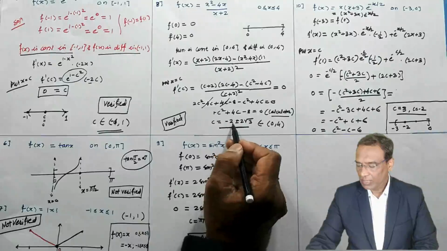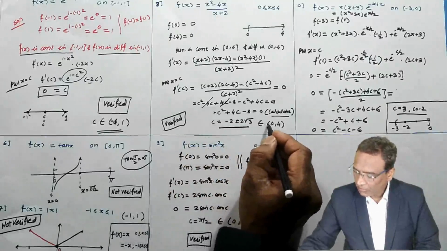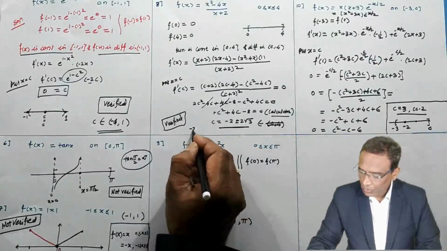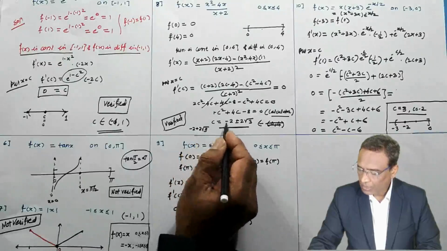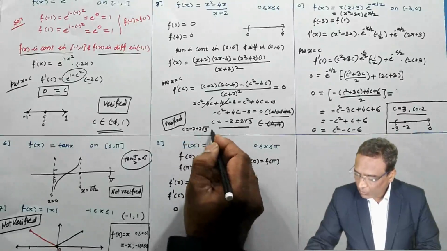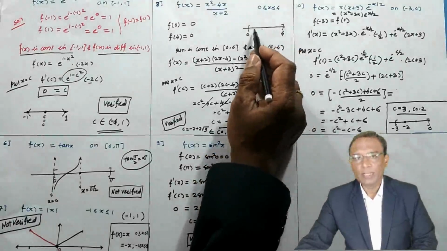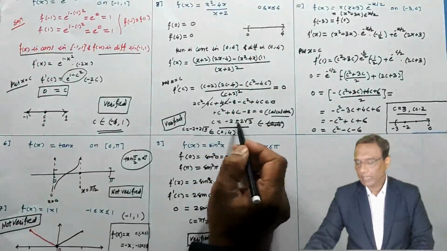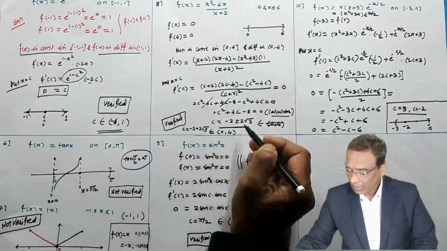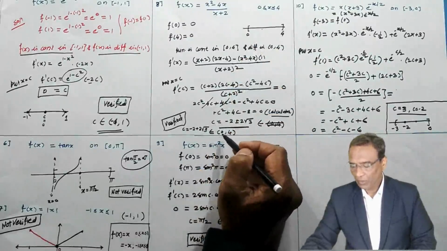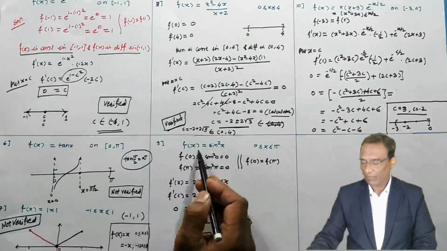This negative value does not belong to this interval, but the positive value does. For minus, c will be negative, and negative is not coming under the interval. But for plus, one value of c belongs to the open interval, therefore Rolle's theorem is verified.